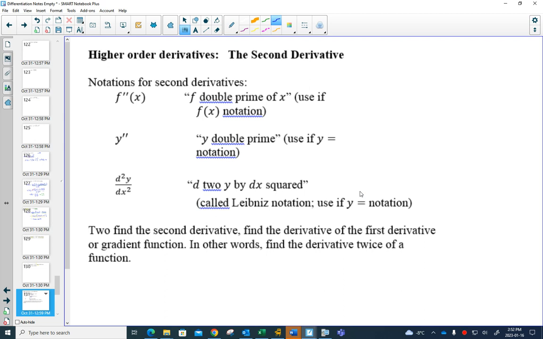They put some squares in there, but they square in between and after. The reason for that is because technically, this is how you find the derivative of something, d dx of y. And when you do d dx of y, they kind of think of it like, oh, if I made that a fraction, I write my regular derivative as dy dx, but it's really d dx of y.